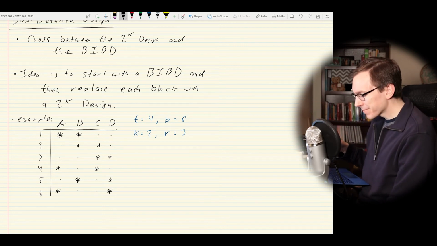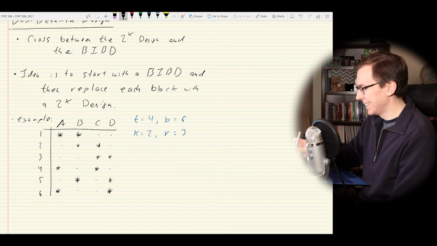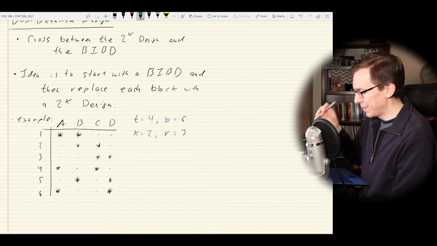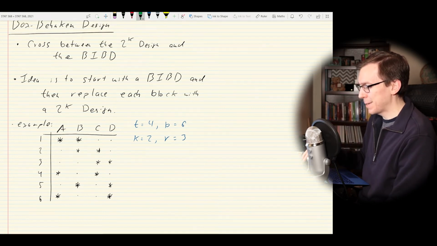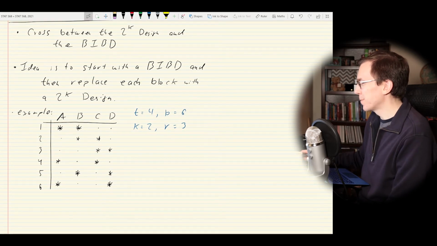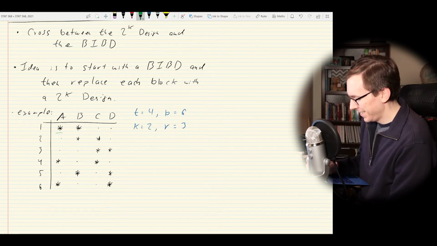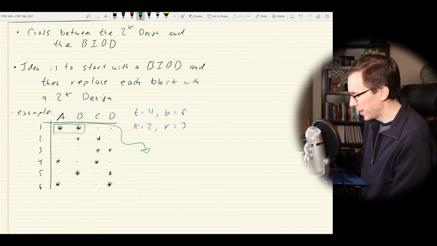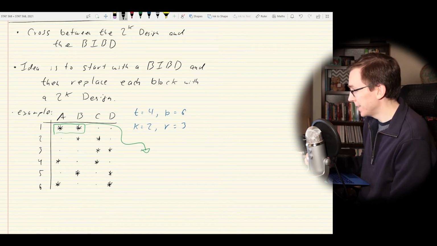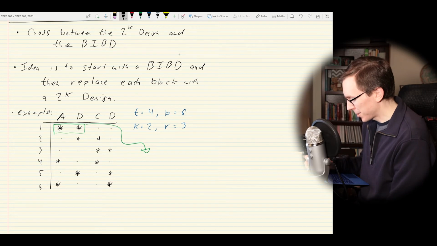All right, so then the idea of turning this into a Box-Behnken design, named for presumably Box and Behnken, back in the 1960s. Well, the idea is that I'm going to take one of these blocks. So I'm going to take block 1, and what I'm going to do is I'm actually going to insert something that's going to look like this.